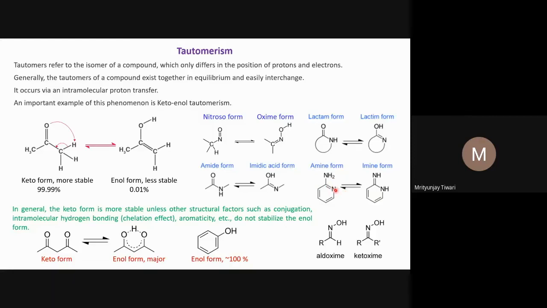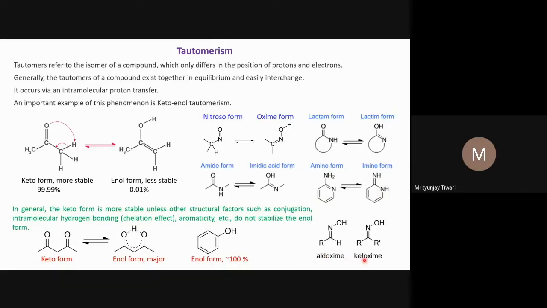Here there is a nitrogen double bond, but this is part of the aromatic ring, so this is not imine form, but in this case it is imine form. Here the proton moves from this nitrogen atom to this nitrogen atom. As the proton moves, the shared pair electron will move here, this will move there, and so the conversion will happen.